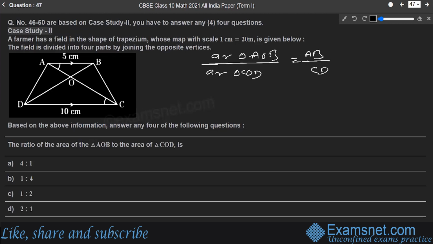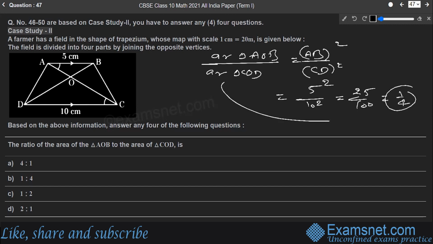We have AB and CD values already given. AB is 5, so it's 5 square by 10 square, that is 25 by 100, that is nothing but 1 by 4. So the area of triangle AOB to triangle COD is in the ratio 1:4, that is available in option number B.